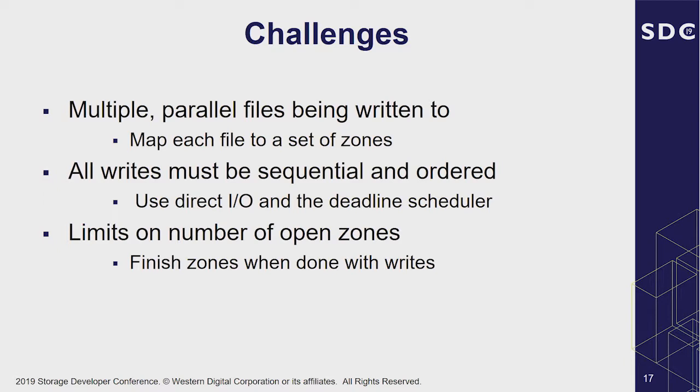So we had these multiple streams, but we solved that by mapping each file to a set of zones. And we had to ensure that all writes would be sequential and ordered.